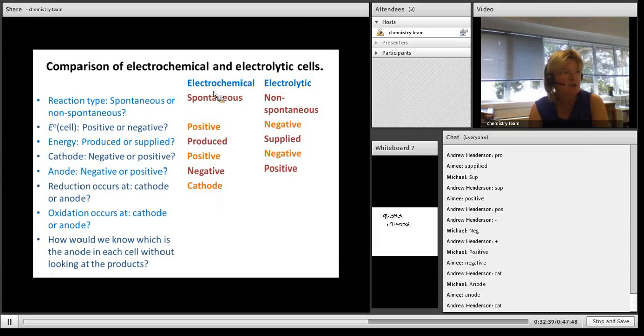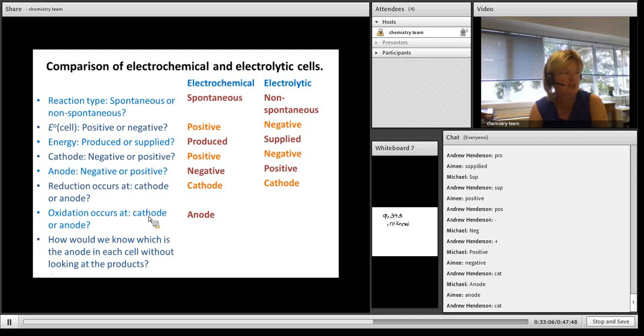So these first few questions are where they're all different or opposite each other, but for the next two we're going to get the same answer. It's always cations to cathode, and if it's cations to cathode, they're gaining electrons, so it's reduction. And remember the other mnemonic, reduction at the cathode, so that happens for both.